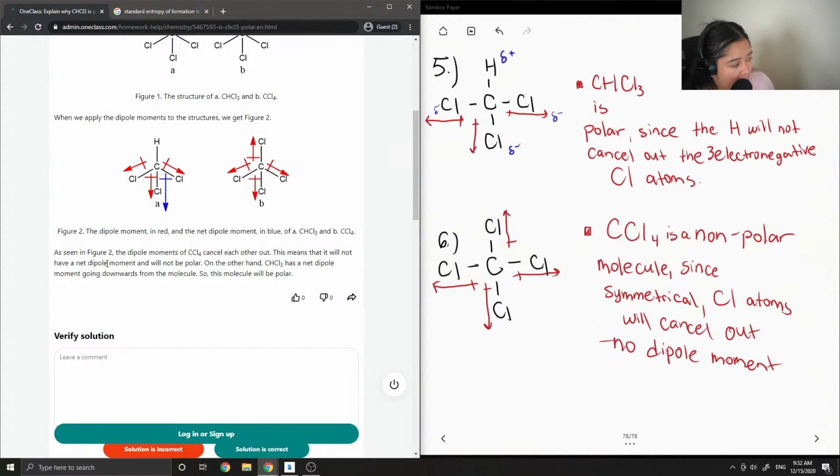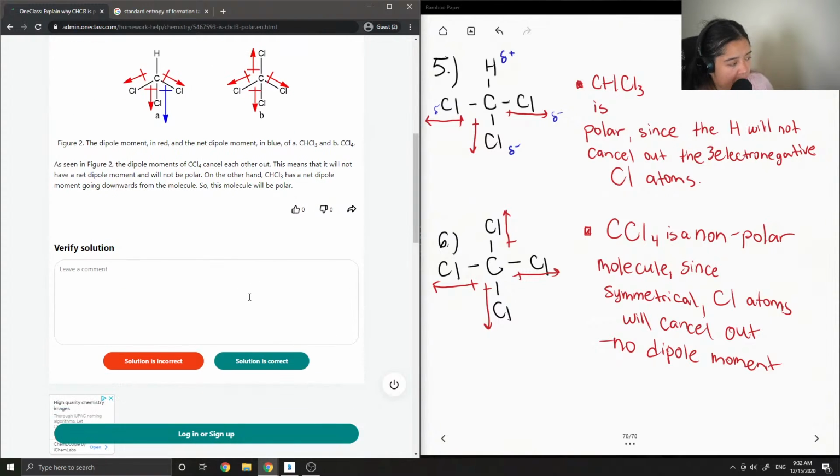This means that it will not have a net dipole moment and will not be polar. On the other hand, CHCl3 has a net dipole moment going downwards from the molecule, so this molecule will be polar. Yep, so that's exactly why. So this solution is correct.